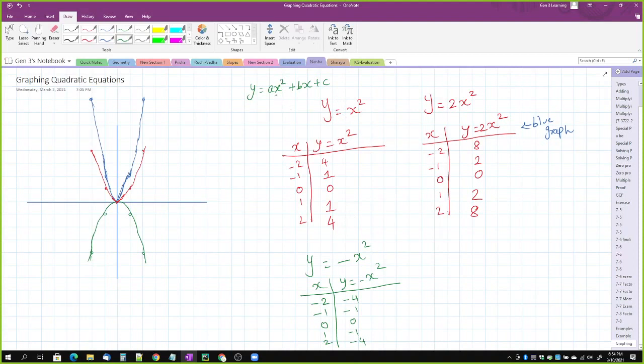When a is equal to 1, the graph is a little wider. When a is negative 1, it goes in the opposite direction. And when a is greater than 1, it starts narrowing down.